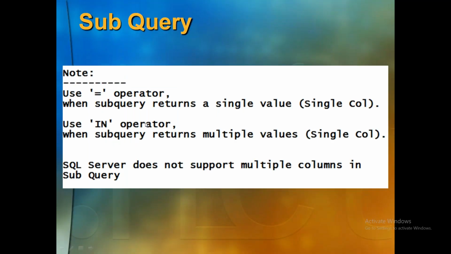Clear? We'll discuss a few more examples in tomorrow's class. So use equals to when the subquery returns a single value, single column. Use in when the subquery returns multiple values but a single column. SQL Server does not support multiple columns in a subquery. Oracle will support it, SQL Server is not going to support it.